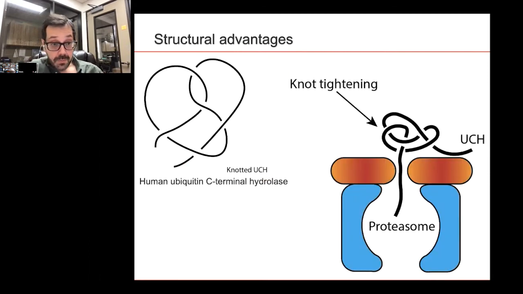For example, if we think about this protein, human ubiquitin C-terminal hydrolase, which has a very weird name, the function of this protein is the following. When a protein is in the cell and completes its role, it gets degraded and recycled within an organelle called the proteasome.